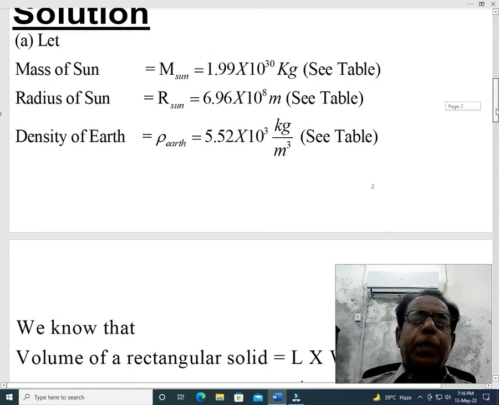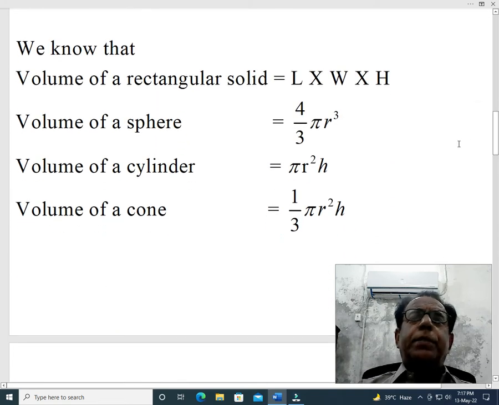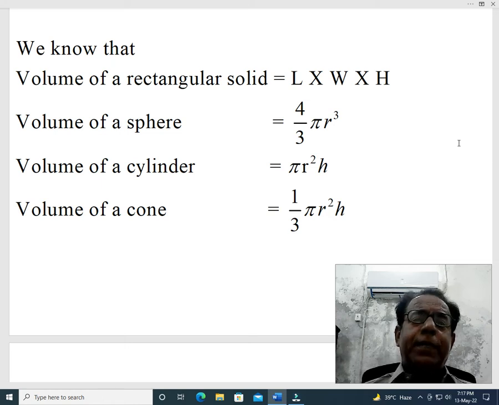Now we move on to the next part of this problem's solution. We know that volume of a rectangular solid is equal to length into width into height. Volume of a sphere is equal to 4 by 3 pi r cube, where r is the radius of the sphere. Volume of a cylinder is equal to pi r square h.